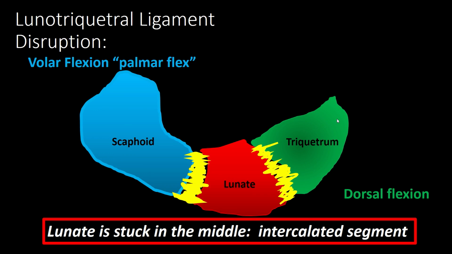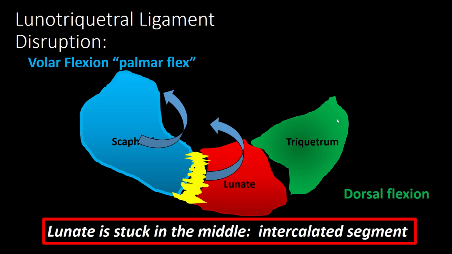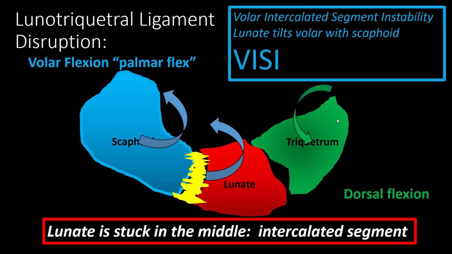How about when the lunotriquetral ligament is torn? The lunate is still connected with the scaphoid and now will flex volarly or towards the palm and forms that volar intercalated segment instability because that lunate tilts volar with the scaphoid.